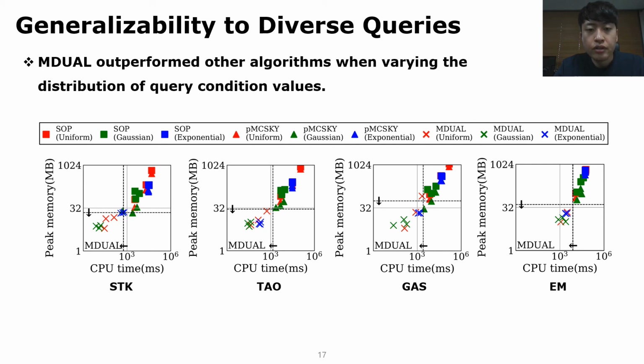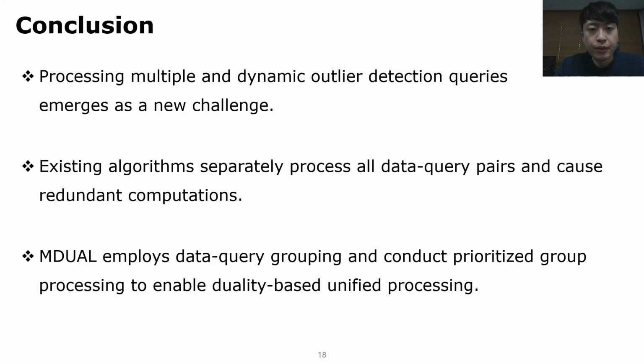This shows that in the real world, our algorithm can robustly outperform other state-of-the-art algorithms processing multiple dynamic outlier detection queries. There are a bunch of other interesting experiment results. Please check out our paper for more details.